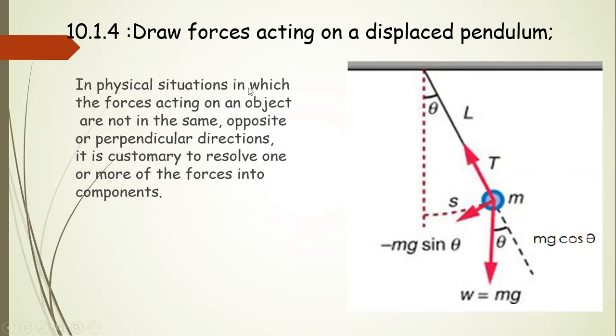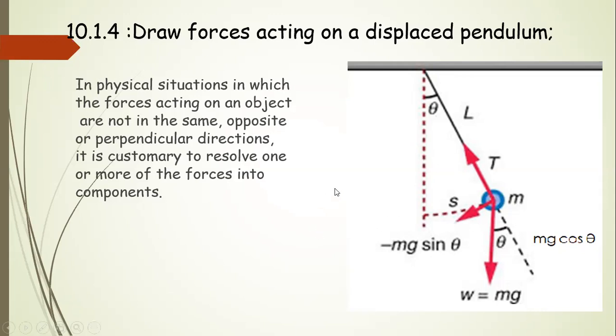Now, in a physical situation in which the forces acting on an object are not in the same, opposite or perpendicular direction, it is customary to resolve one or two of the forces into components. You can see that this mg, W is equal to mg, is neither opposite to anything, nor perpendicular, nor in the same direction as tension.